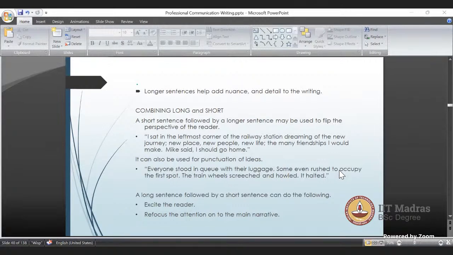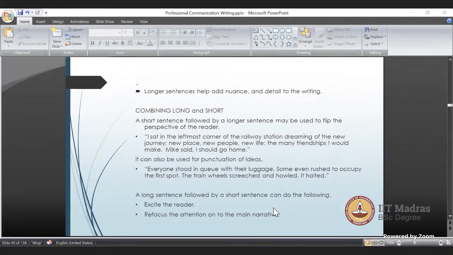All the three sentences that go before it are pointing towards this action of the train halting. Instead of writing all three sentences, I could just say the train halted. But instead of saying that, I put up all these things and then punctuated it into a last sentence in order to create the impact. So this is a style of writing. Understand? Fine.